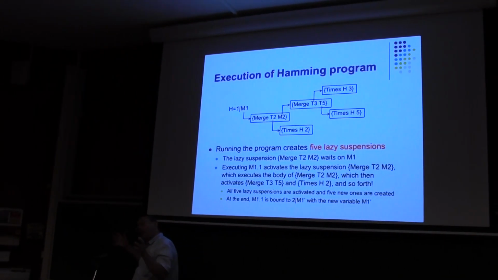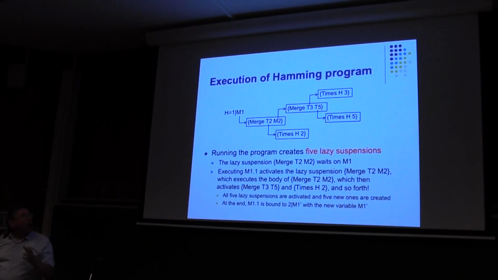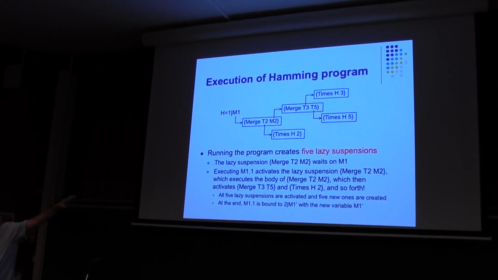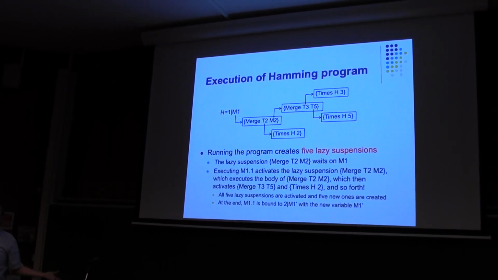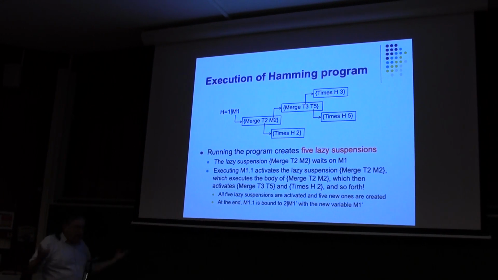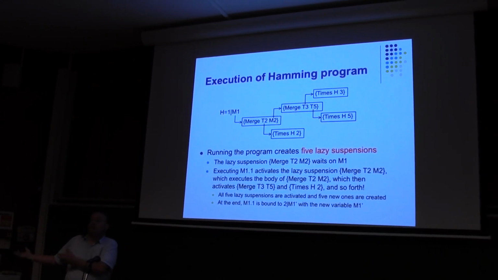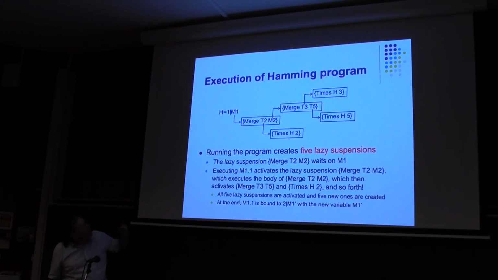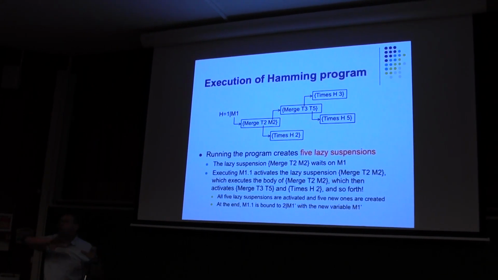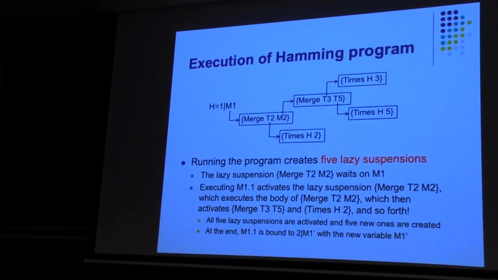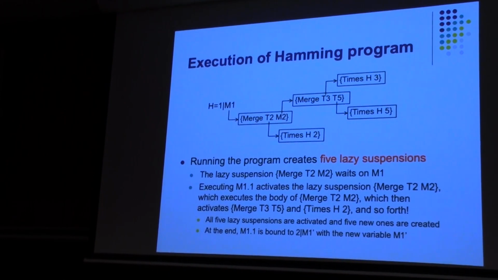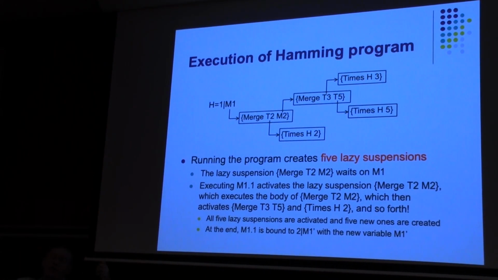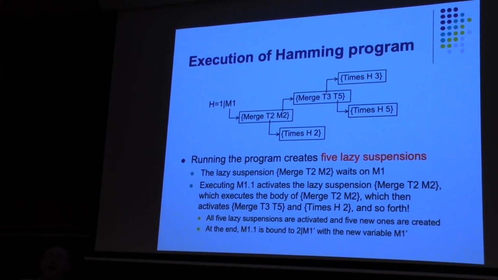So what happens when you execute M1.1? A lot of things happen, okay? All these lazy suspensions, 5 of them, are all activated. They all run. They all bind variables, and this causes the result. But they all create a new one. So there's 5 new lazy suspensions. So 5 threads wake up, they run, and then they create new threads that are sleeping again, new lazy suspensions.